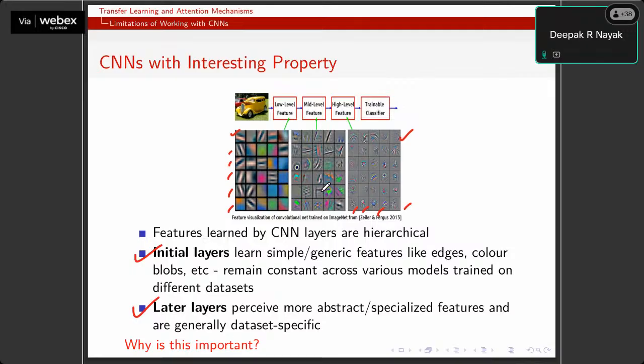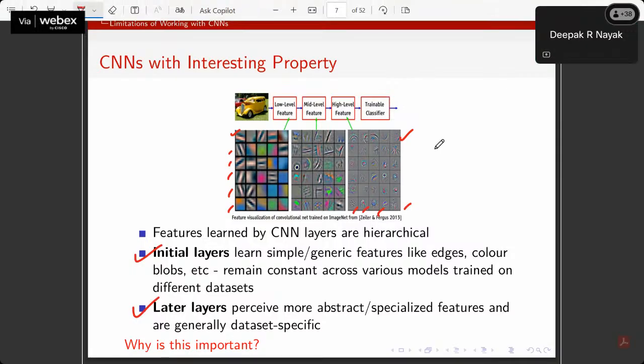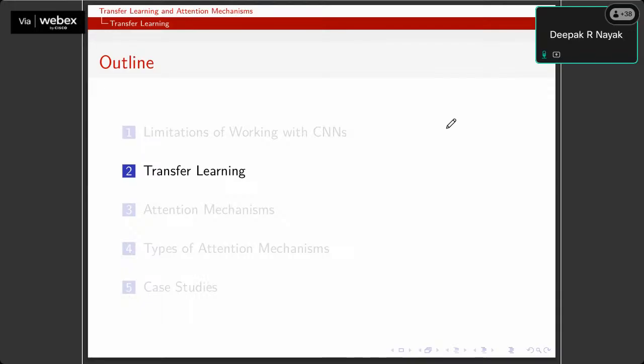So next is transfer learning, of course. There are multiple ways to use a neural network, especially a convolutional neural network. One is training from scratch, and there is something called transfer learning.